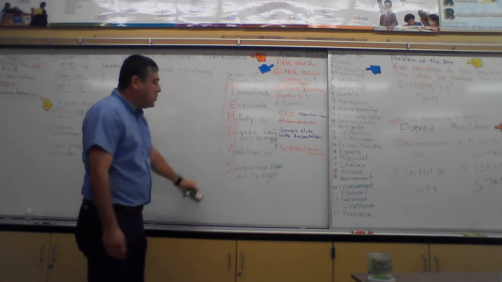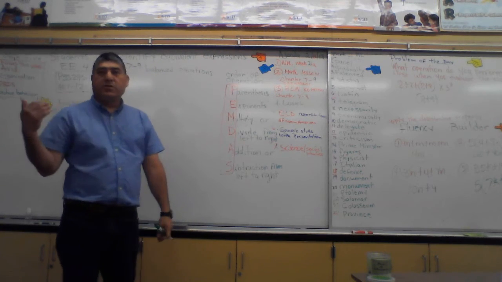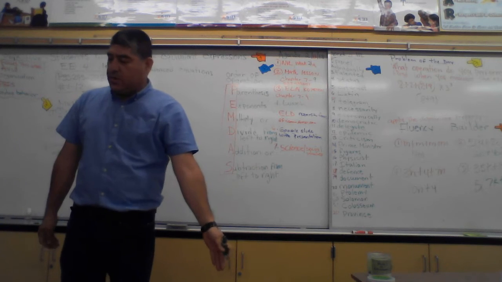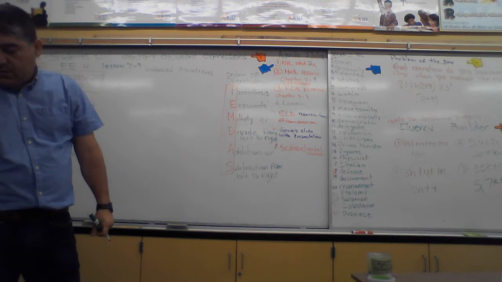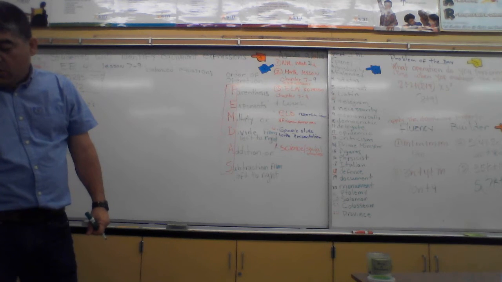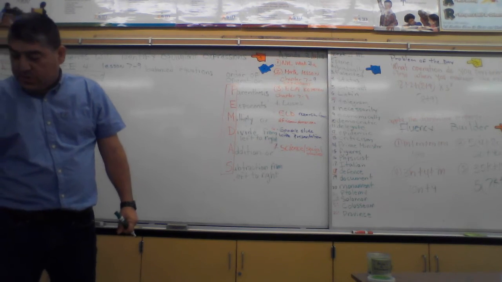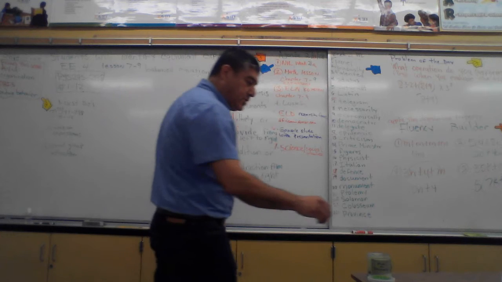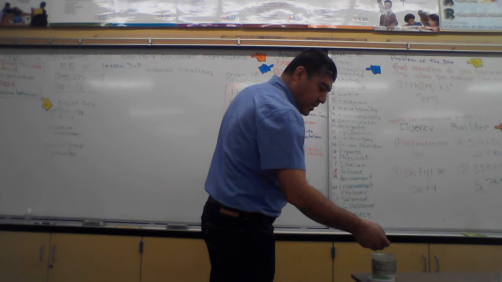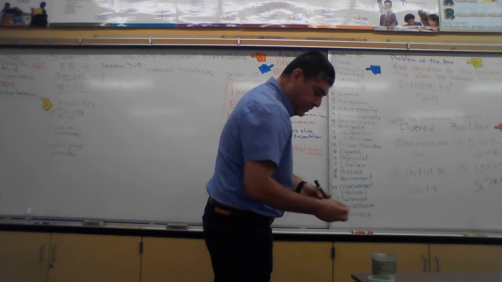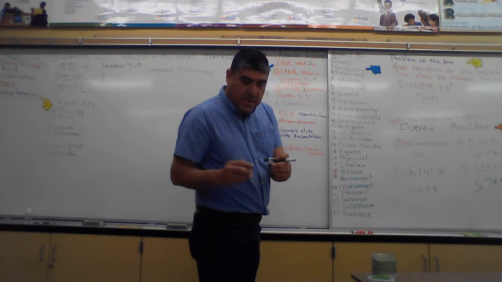Okay, now we are going to choose 2 students to do 2 more problems on the board to see if you are understanding. I will pick 2 more students to come to the board, number 22 and number 8.